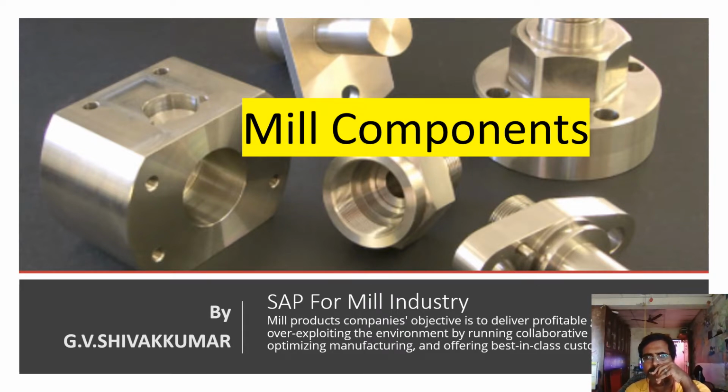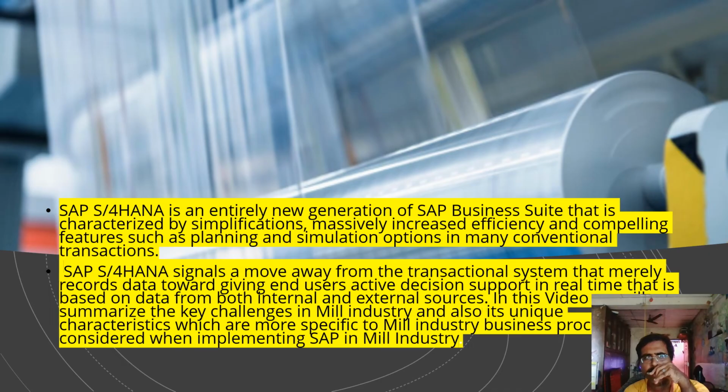So these are the main objectives or main role of SAP for mill industry. Mill industry can leverage all these expectations by implementing SAP S/4HANA in their manufacturing locations, right?